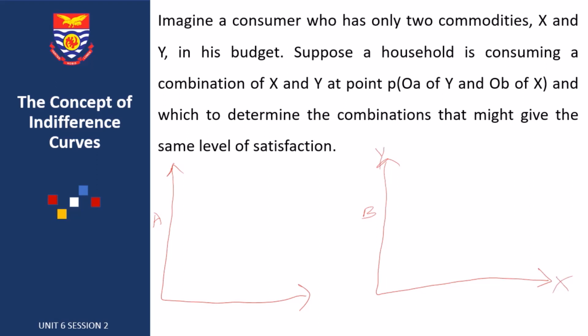Alright. Now let me draw some indifference curve here. I'm going to have some M, P, Q, and some S. I'll relate this to some point here, this to some point here.